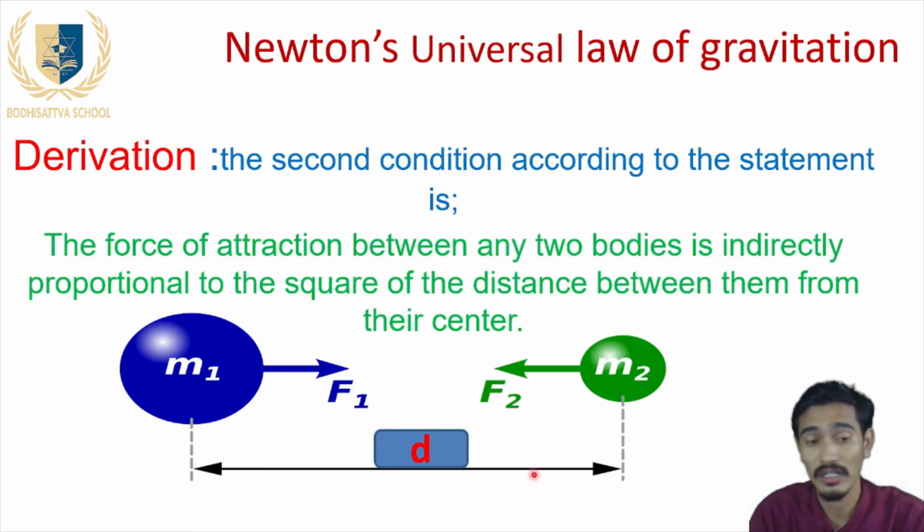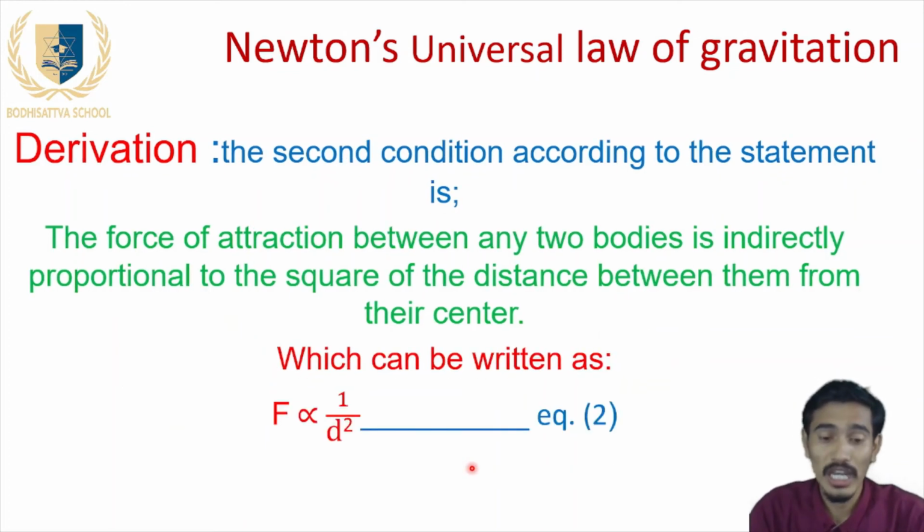This is the center of M1 and this is the center of M2. This line indicates the center. So the distance from their centers is represented by small d, which can be written as force F is proportional to 1 upon d square. D square means the square of the distance from the center of the two bodies, M1 and M2.